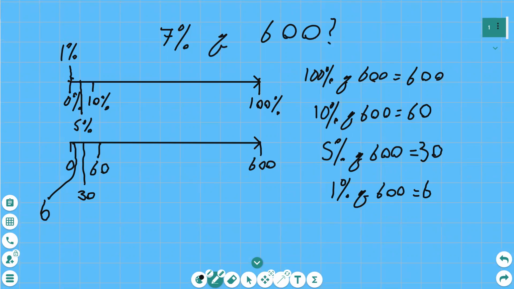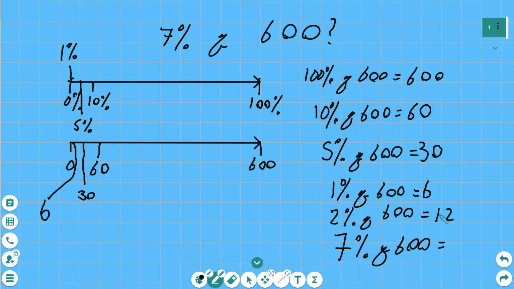Well, 7% is 5% plus 2%. So let's just do 2%. So 2% of 600 is going to be 12, because 1% is 6. 2 times 6 is 12. 2 times 1% is 2%. So now we've got 5% and we've got 2%, haven't we? So 5 plus 2 is 7. So 7% of 600.